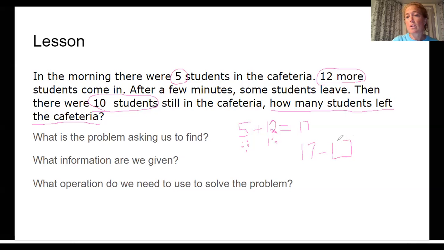This random group of people that we don't know how many have left the cafeteria. So we know we need to subtract. And we know that once they leave the cafeteria, there's only 10 people left, okay? And ultimately, we want to find out how many students left the cafeteria. So it's 17 minus this number that we don't know equals 10.